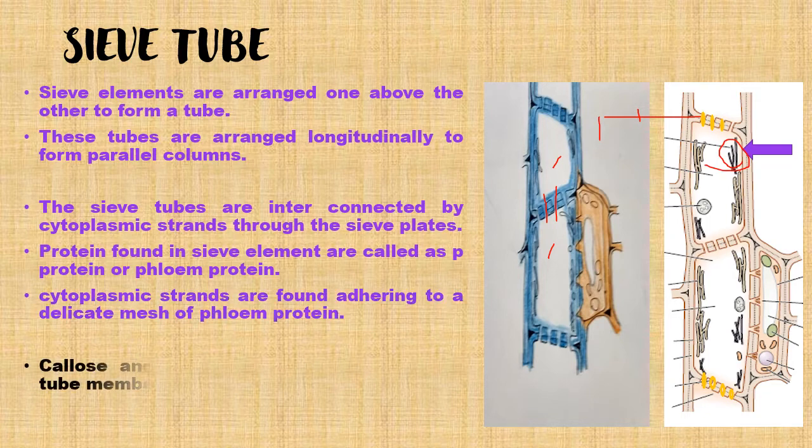The main function of P protein is to block damaged sieve tube elements. Sometimes the sieve tube elements get damaged, so there is a chance of phloem sap coming out. At that time P protein and callose together block the sieve pores.